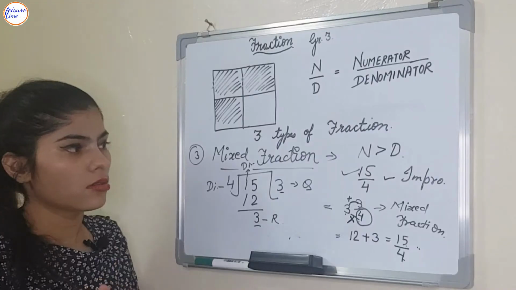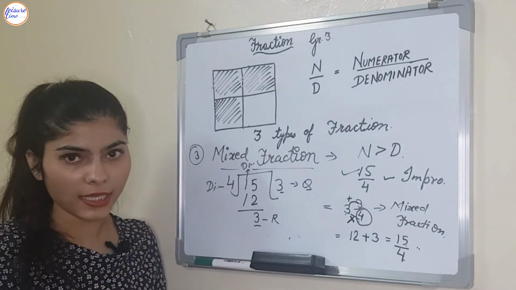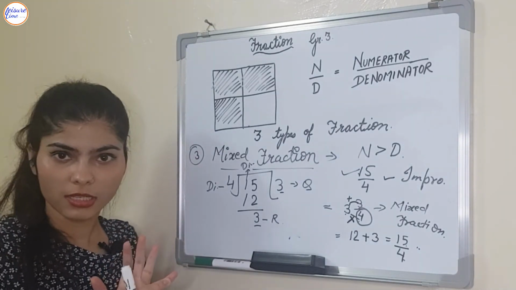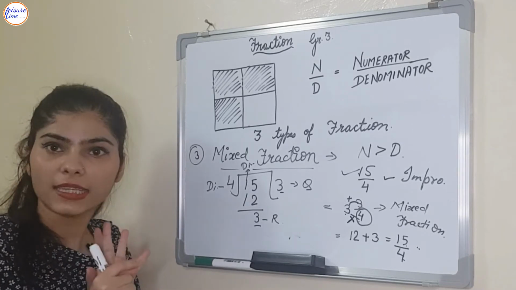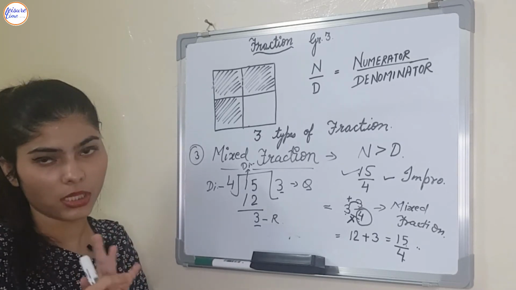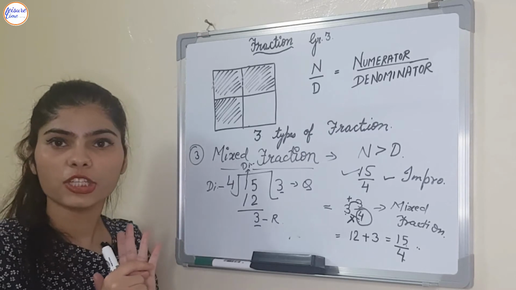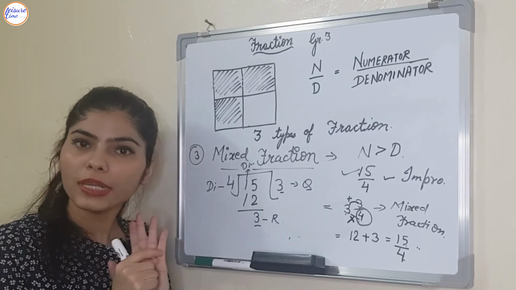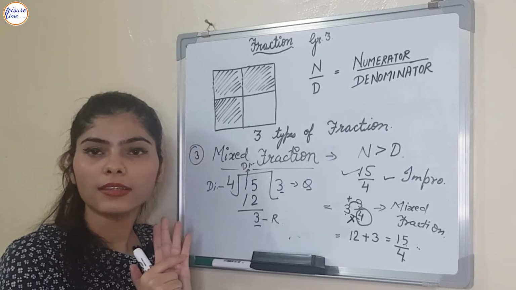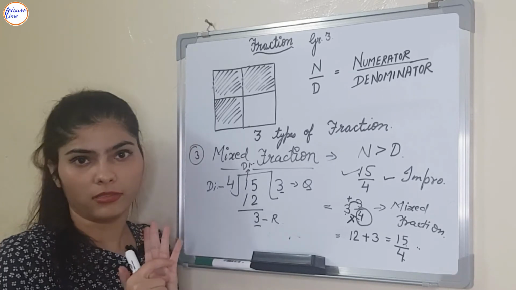Okay, so I am repeating here again. Proper fraction is the fraction where numerator is less than denominator. Next, improper fractions are those fractions where numerator is greater than denominator.